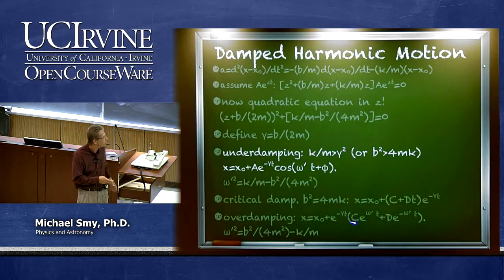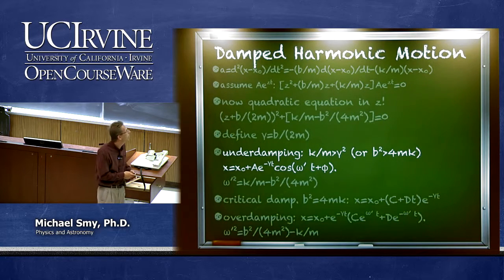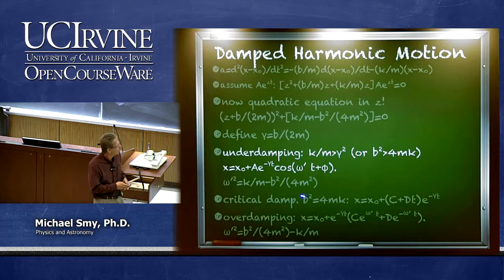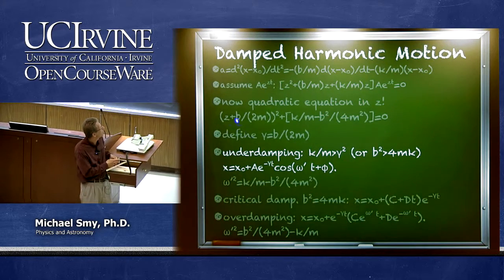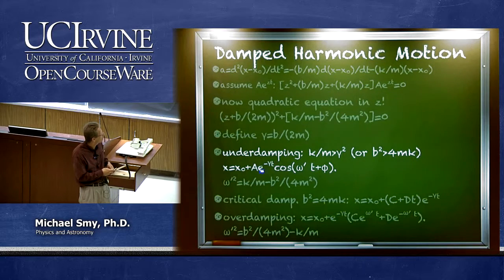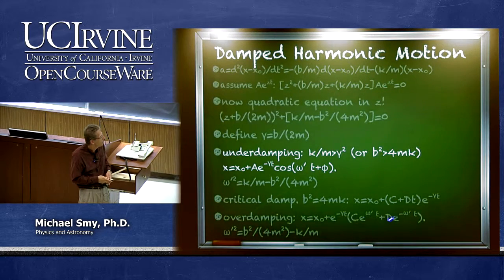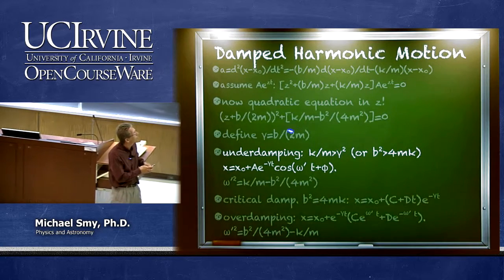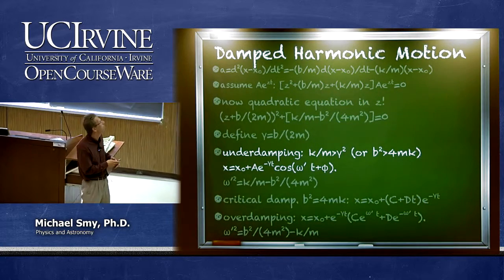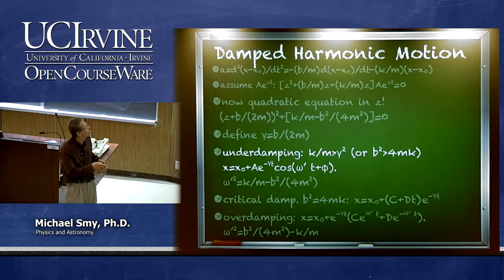And then we can have a multiplication of 2 exponentials, one using the damping term b over 2m, and one using this omega prime. The critical damping case is where this is 0, in which case z equals just the damping term, and we get this behavior. However, if this part is bigger than 0, then this equation doesn't have any real solution.